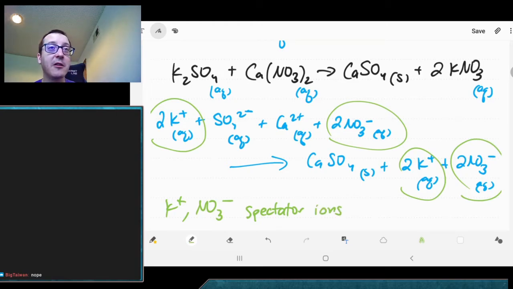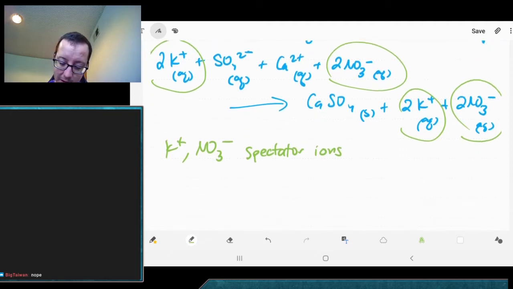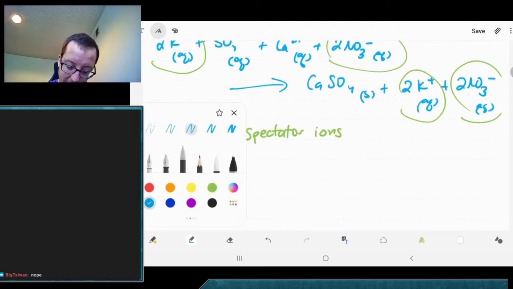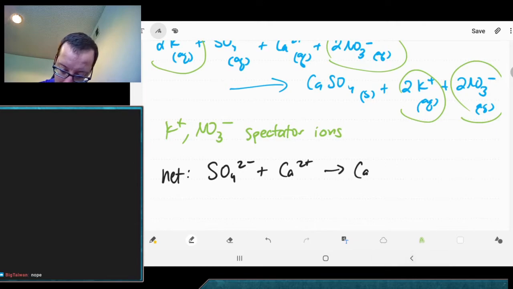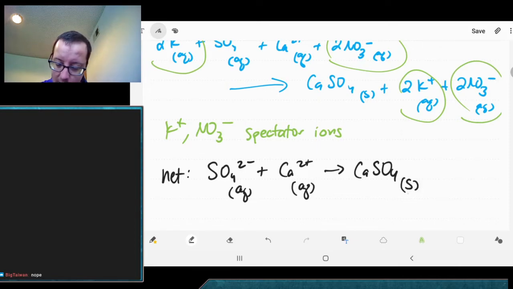We have our spectator ions, therefore those are just kind of chilling in there, not really doing anything. And we see again the overall reaction, or the net reaction, is that combination of these two ions to form the solid.